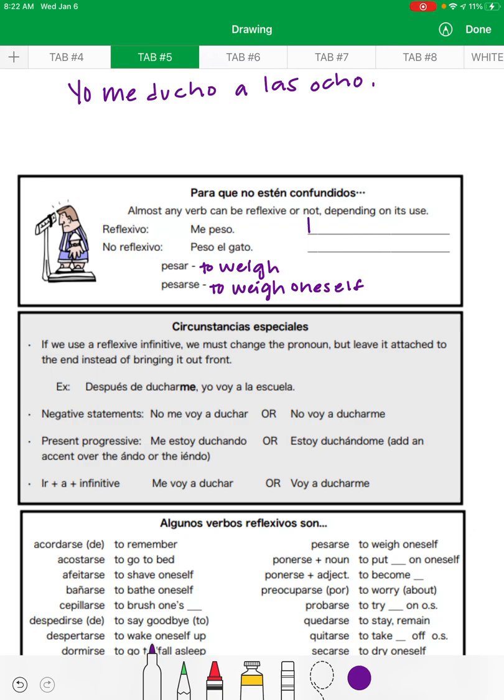Okay, so me peso means I weigh myself. Okay, peso el gato is I weigh the cat.